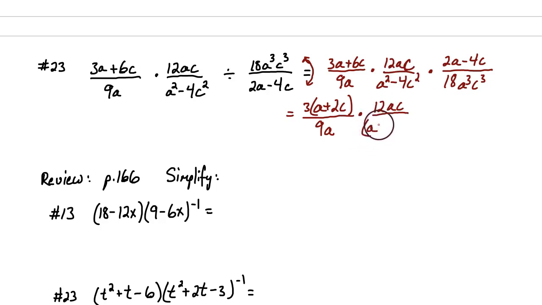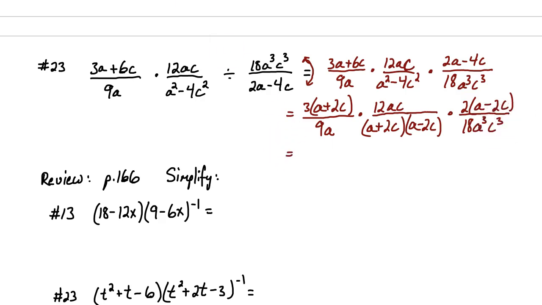It factors as a plus 2c times a minus 2c. Now on the end, in the numerator, this binomial has a GCF. Both terms divide by 2, leaving a minus 2c. Down in the denominator, this is already a product of factors. Let's leave it alone.